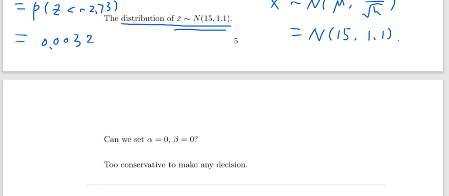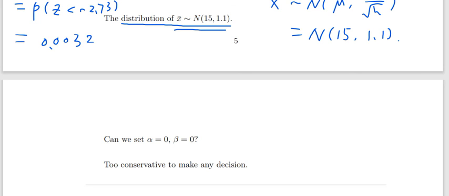Alpha equals 0, beta equals 0. This means that according to your decision making rule, we will never make a mistake. So it sounds good, but actually such a decision making rule is useless.